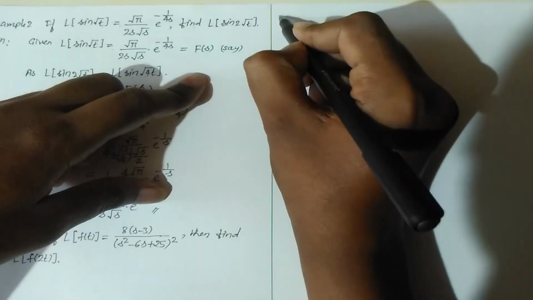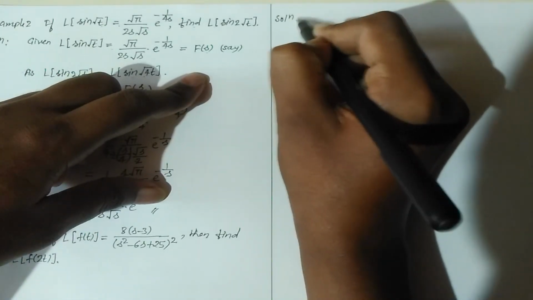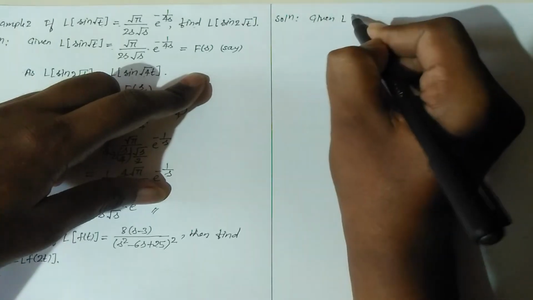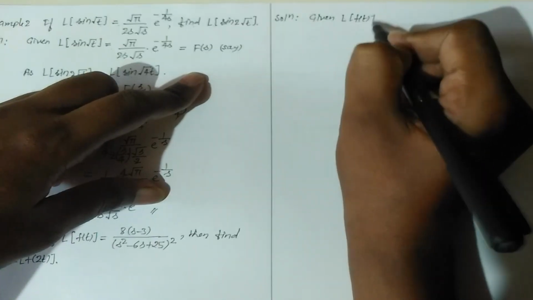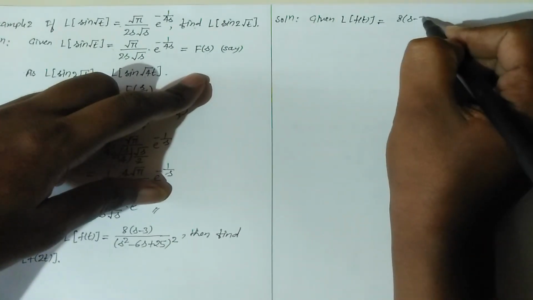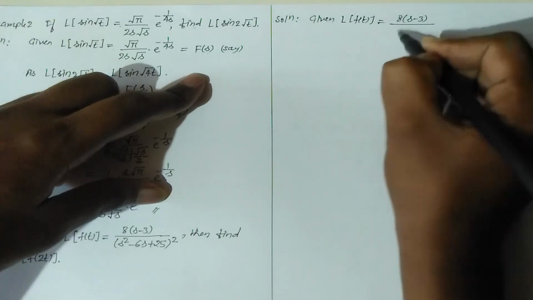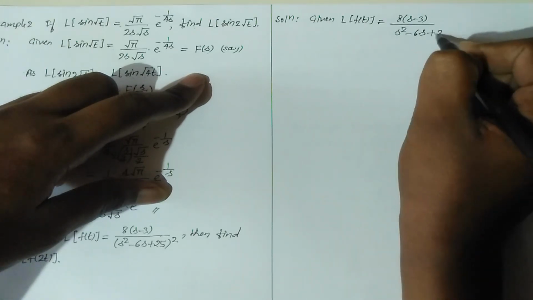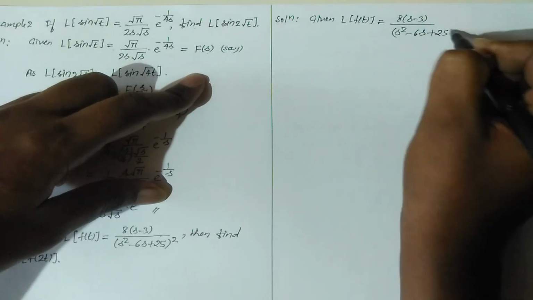Now let us begin the solution. Given: the Laplace transform of the function f of t is equal to 8 into s minus 3 divided by s square minus 6s plus 25 the whole square.